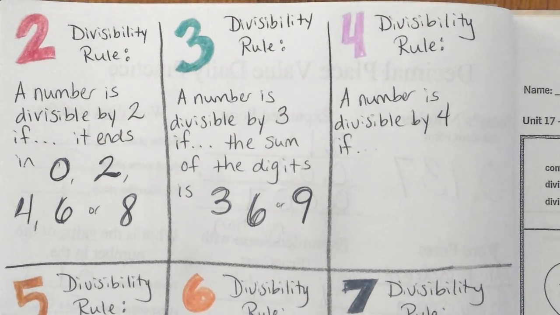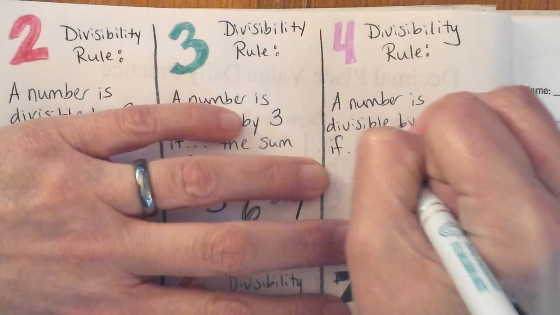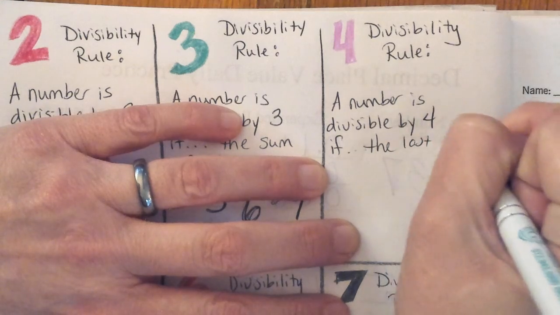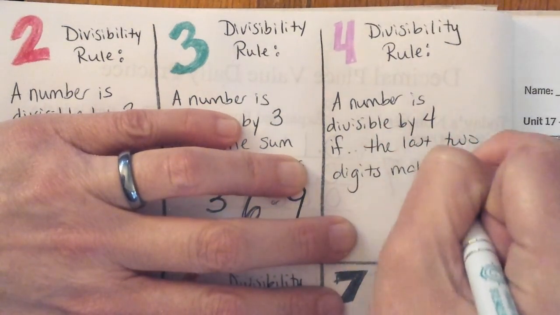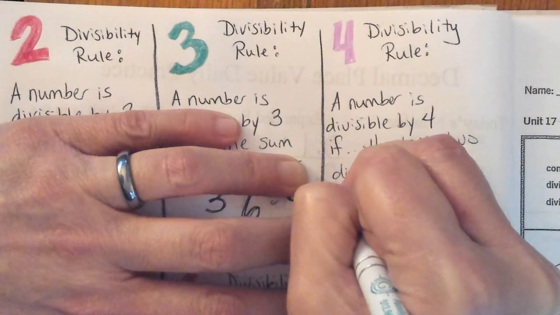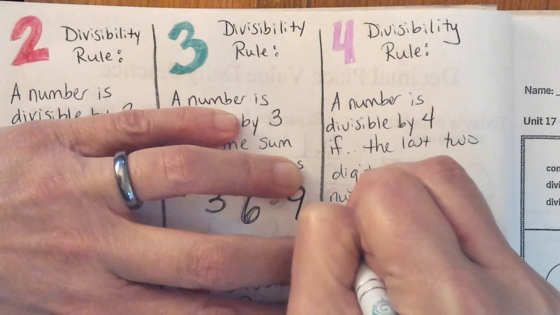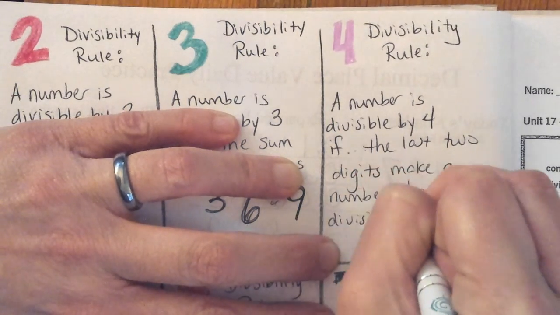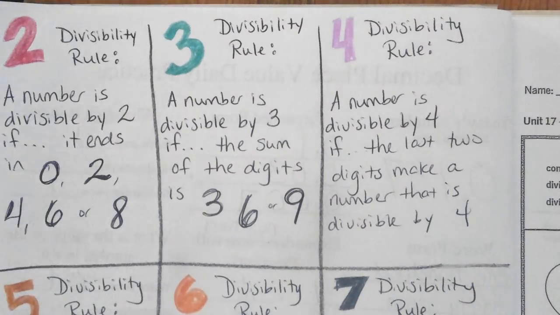The rule for 4. A number is divisible by 4 if the last 2 digits make a number that is divisible by 4. Okay, and again, I'm going to give you some examples.